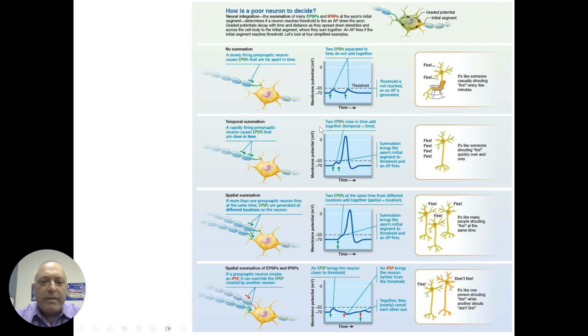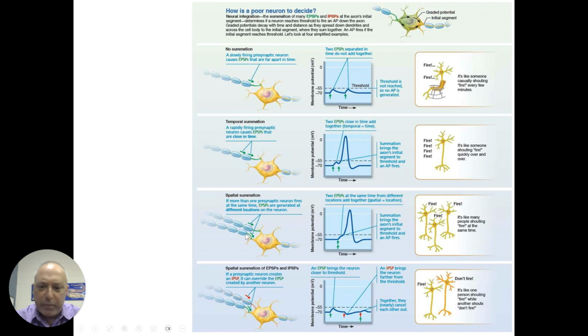So the excitatory postsynaptic potentials and the inhibitory postsynaptic potentials add up. There can be temporal summation, which is within time. If a number of excitatory postsynaptic potentials come in and the soma is able to reach threshold, it will activate another action potential.